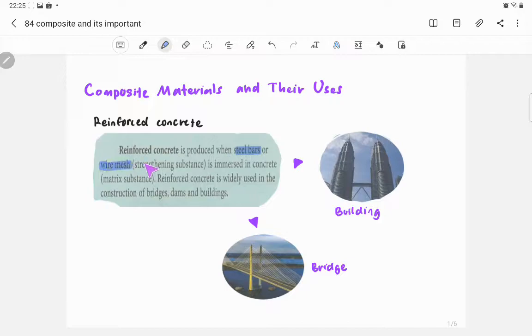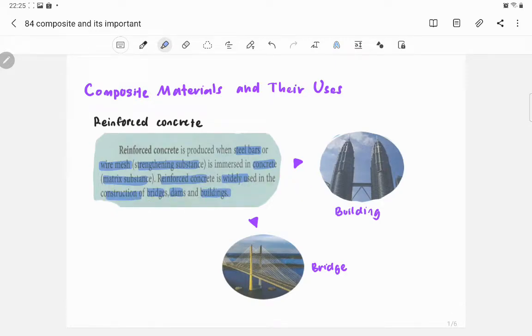Reinforced concrete is widely used in the construction of bridges, dams and buildings.